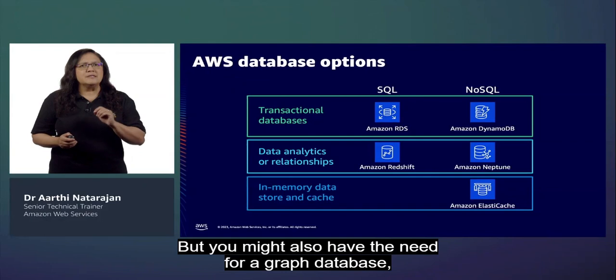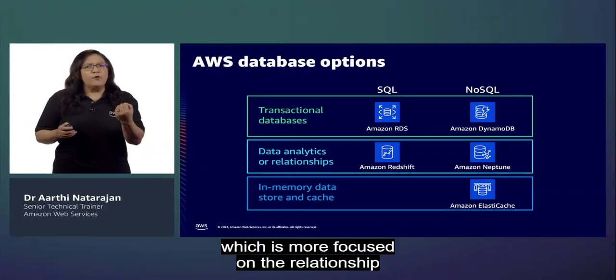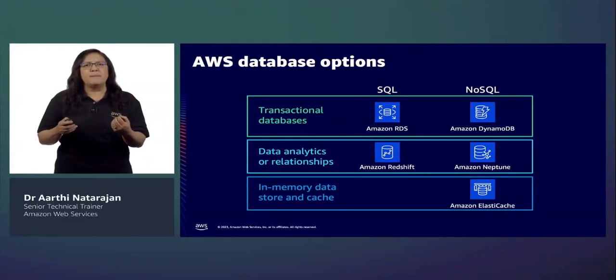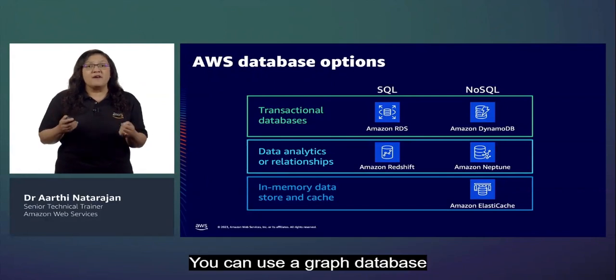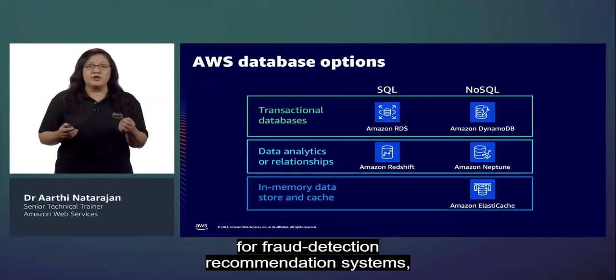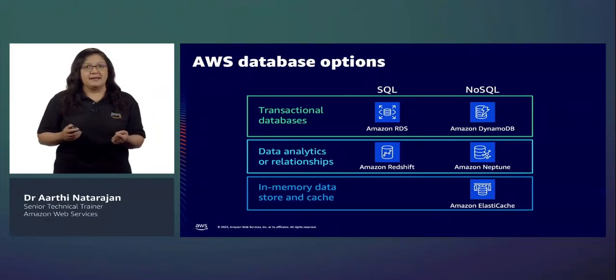But you might also have the need for a graph database, which is more focused on the relationship between data points rather than the data points themselves. You can use a graph database for fraud detection and recommendation systems, and Amazon Neptune is your graph database.